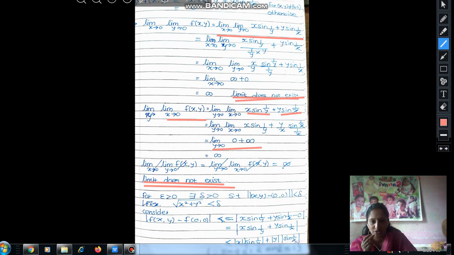So we check the continuity of that function. For continuity, we consider, for epsilon greater than 0, there exists delta greater than 0 such that the norm of (x, y) minus (0, 0) is less than delta. By definition, this means square root of x square plus y square is less than delta.